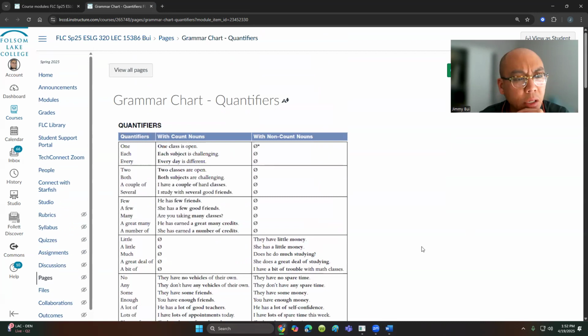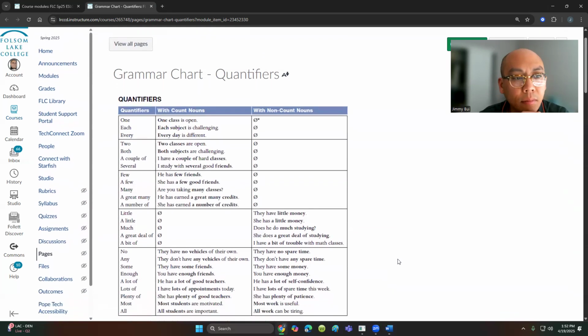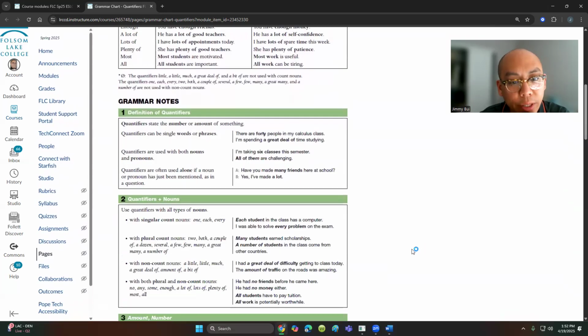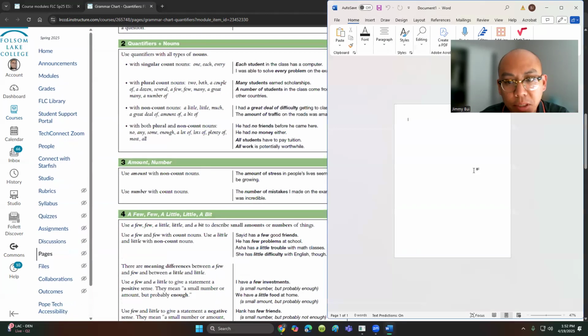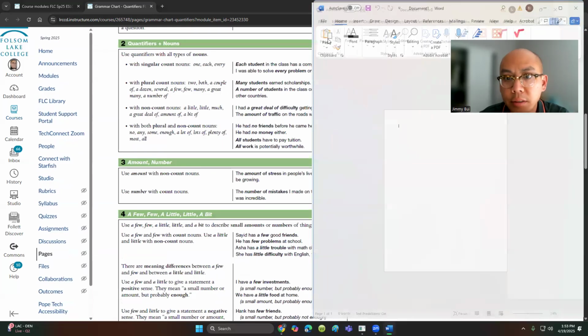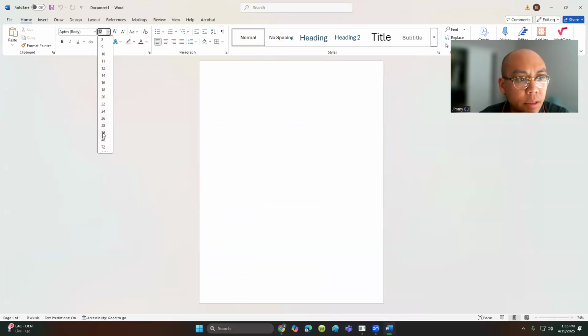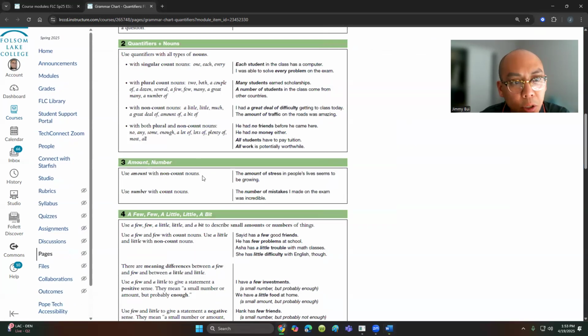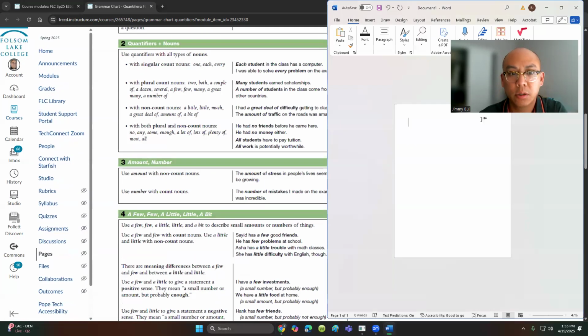So just taking a look at the different sections here. Quantifiers with nouns, some singular forms of quantifiers. Singular count nouns: one, each, and every.